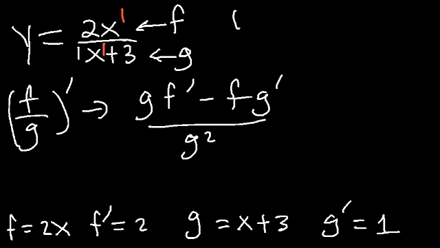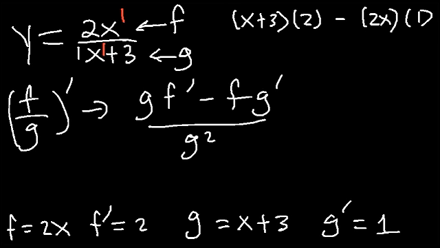So g is not 1, g is x plus 3. f prime is 2, minus f, which is 2x, times g prime, which is 1, divided by g squared, or x plus 3 squared.